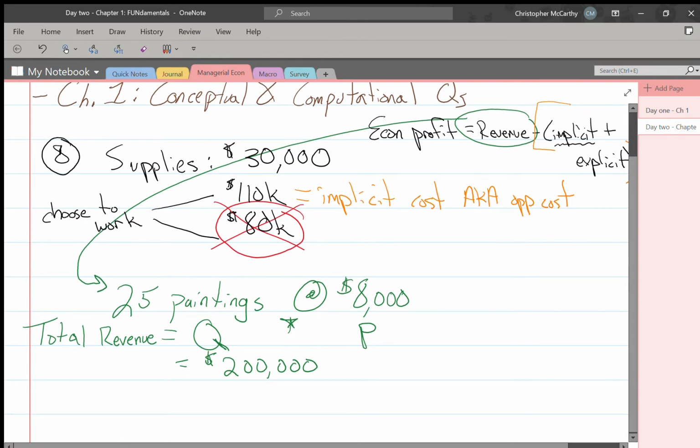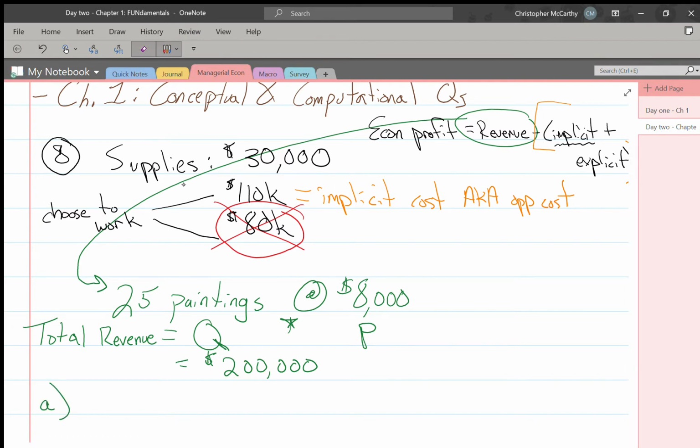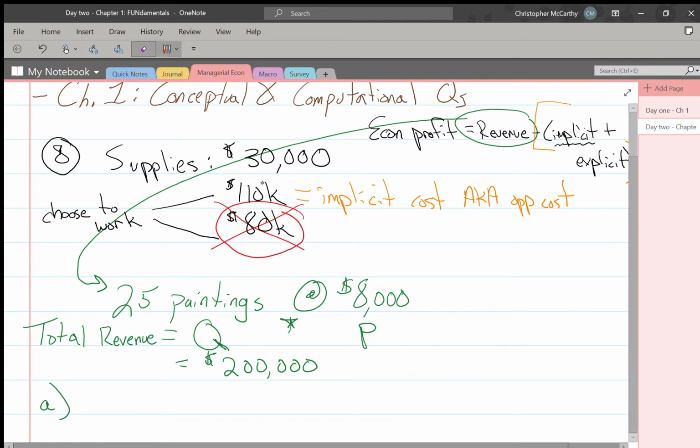Now in part A, we're asked what is the accounting profit? This is simply the difference between my revenue minus my explicit costs.